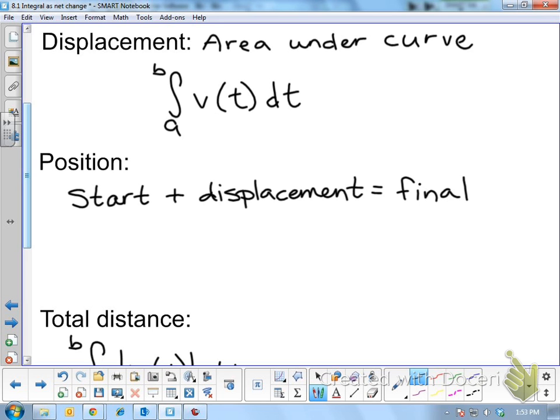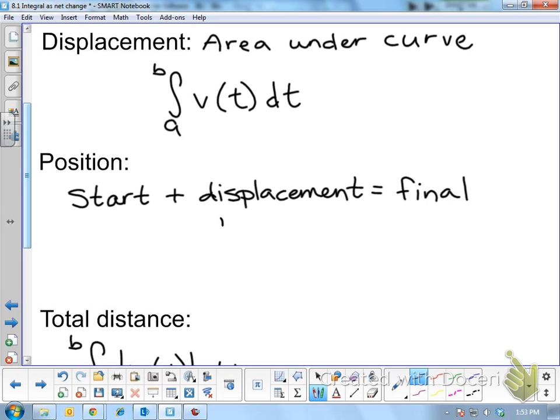But again, we want these in terms of algebra. We want some algebraic terms for this. And we've already decided what the algebraic version of displacement is. What's the algebraic version of displacement? The integral right above.